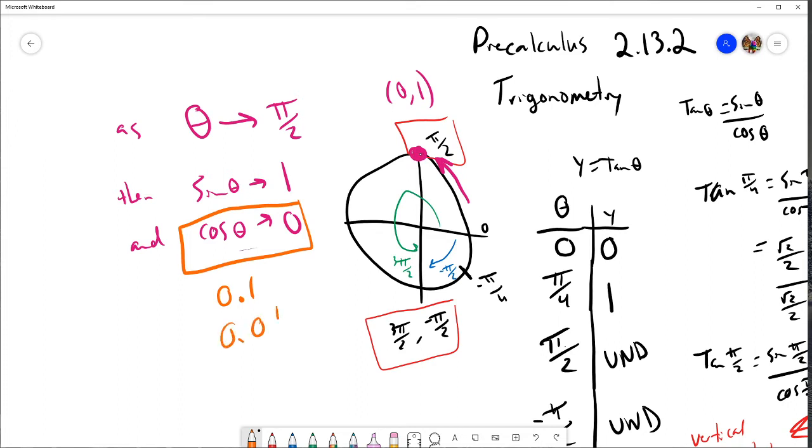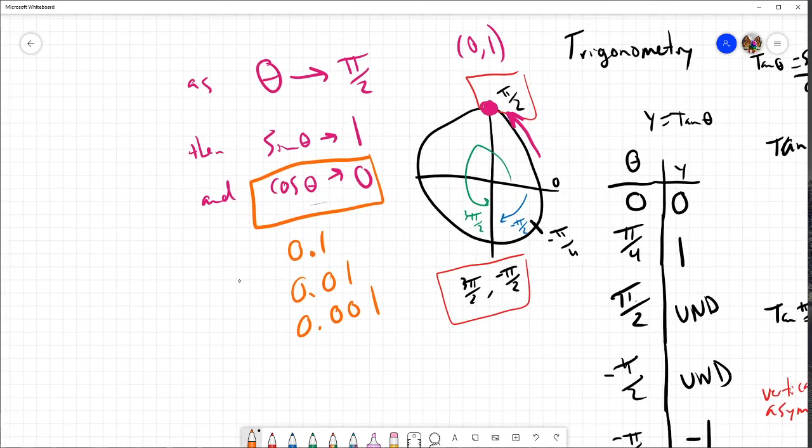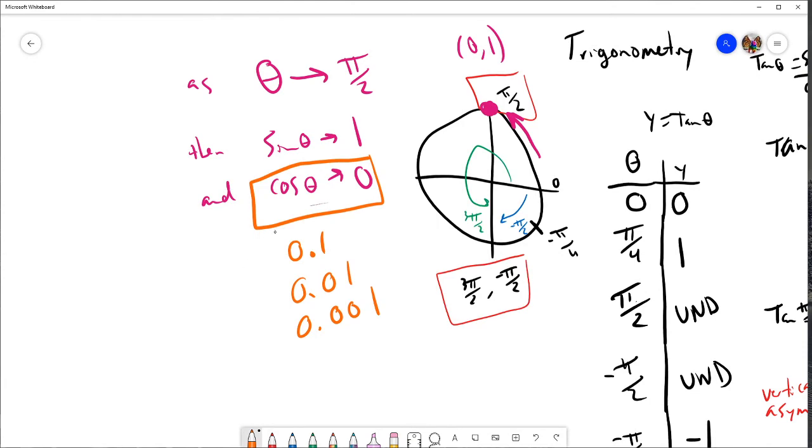So 0.01 is going to be some x value for some angle. And we can get ever smaller values, right? Because we're getting closer and closer to 0. So we can get ever smaller values like 10 to the negative 200 or something, right? It's astronomically small. And then that's going to cause a problem.